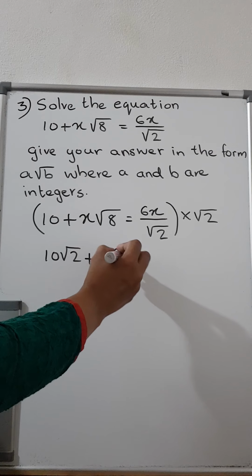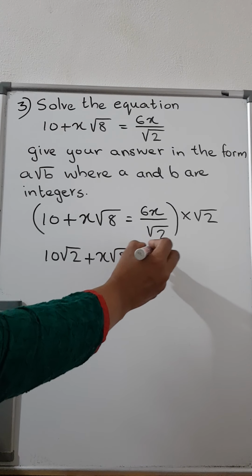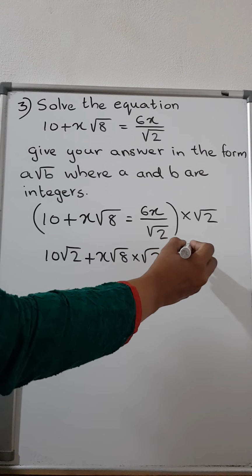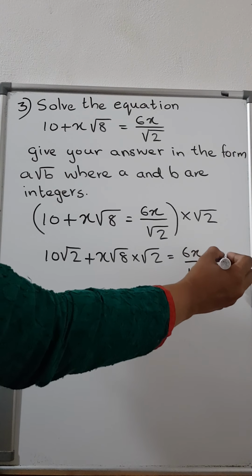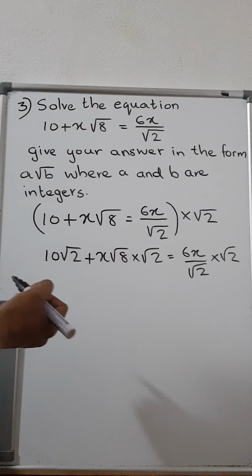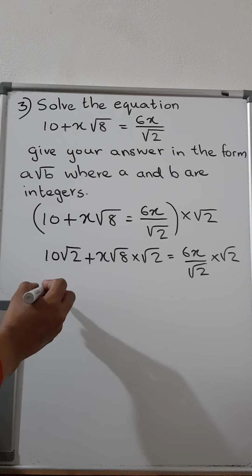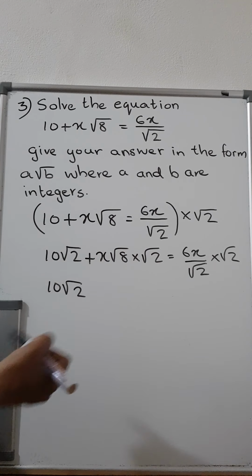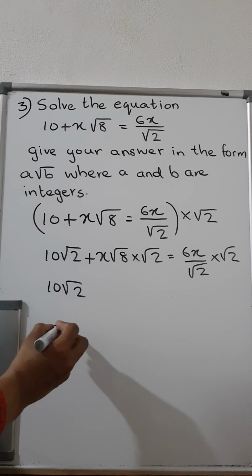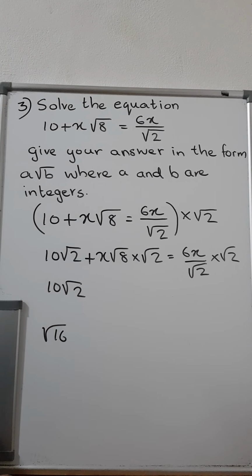X root 8 times root 2 is equal to 6x divided by root 2 times root 2. You see 10 root 2 is 10 root 2, the simplified form. Root 8 times root 2 is root of 16. Root of 8 times 2, root of 16, that is 4.